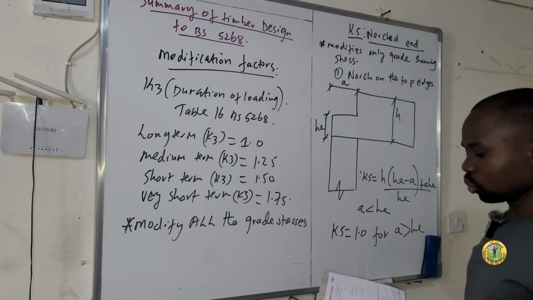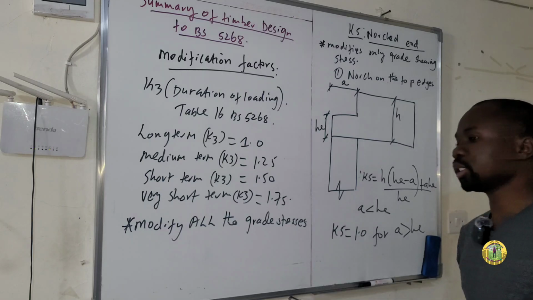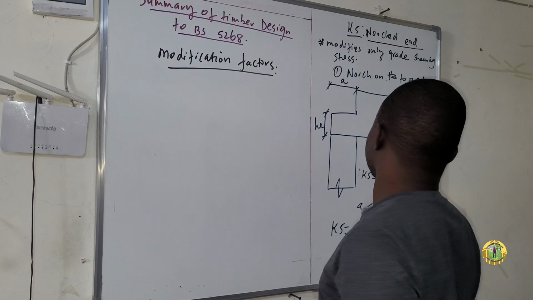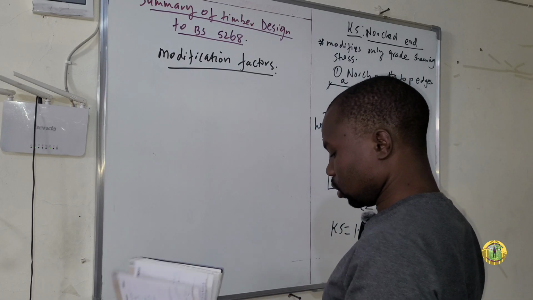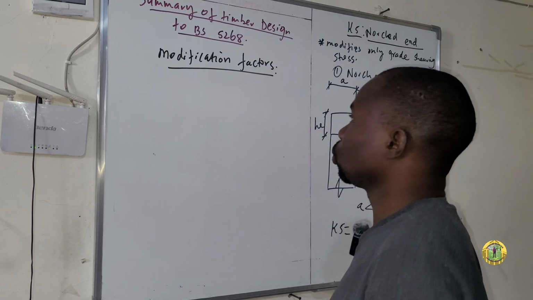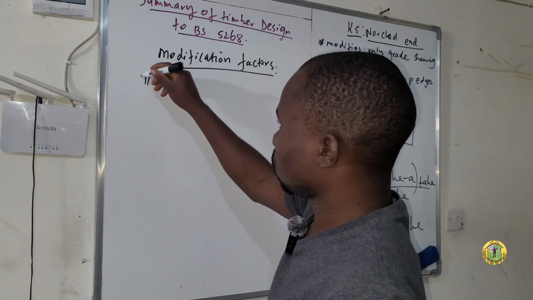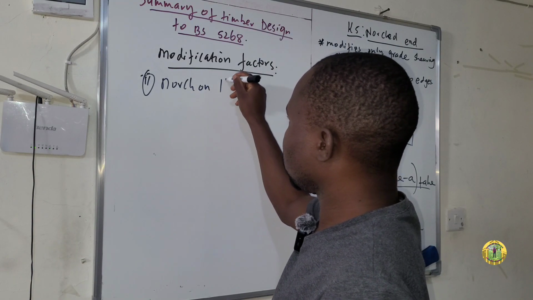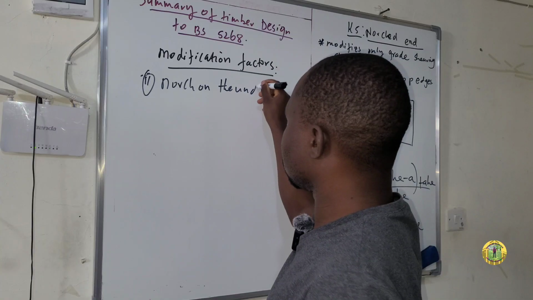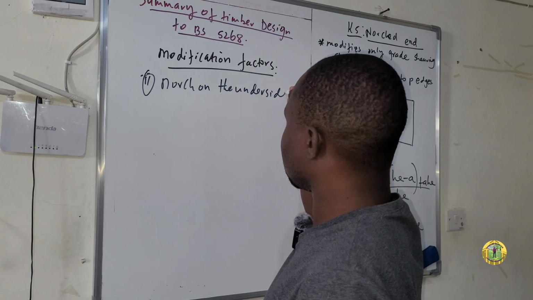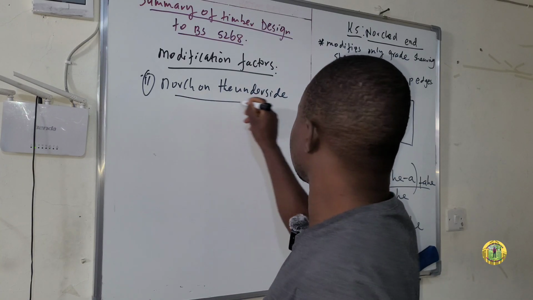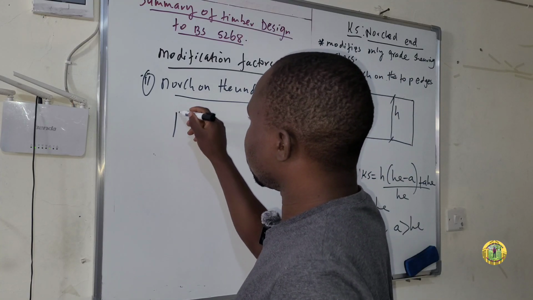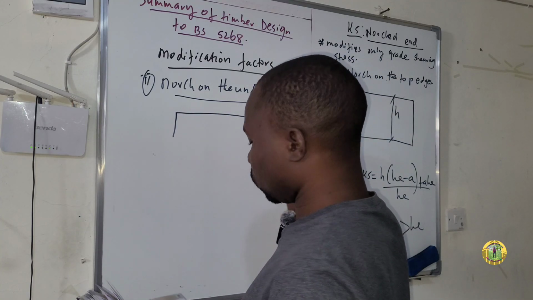So let's proceed to notch on the underside. This is Roman 2, notch on the underside. Let me use this sketch to illustrate.